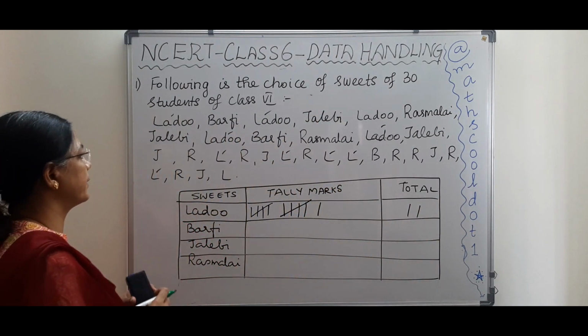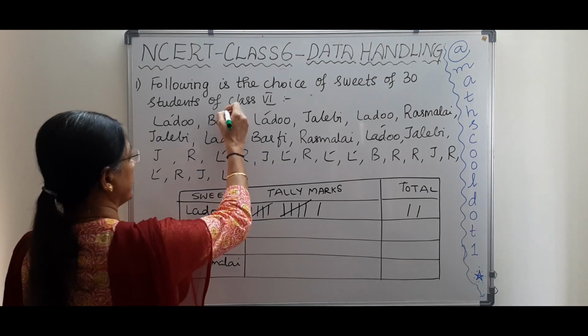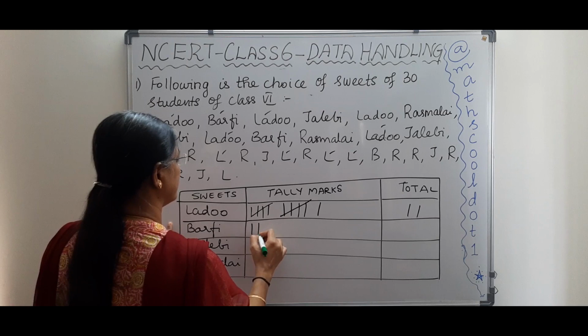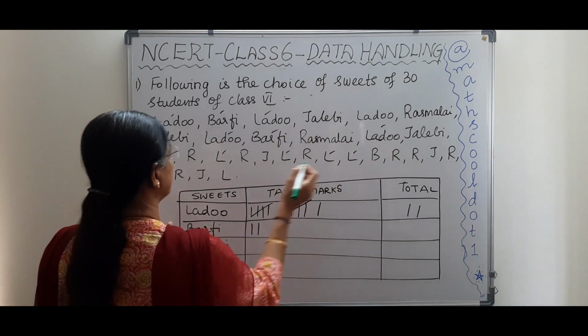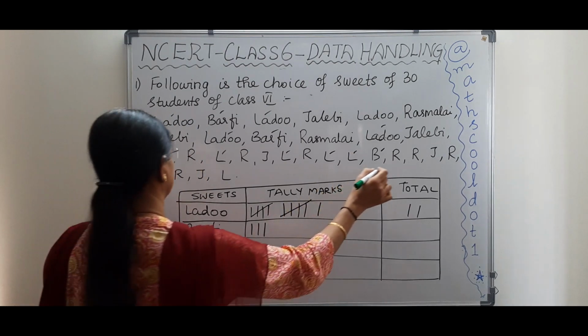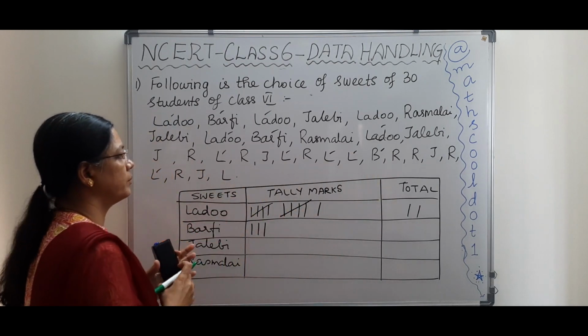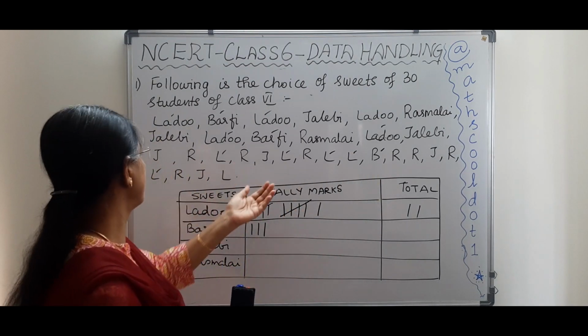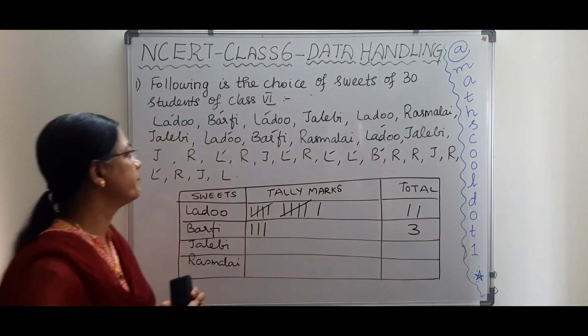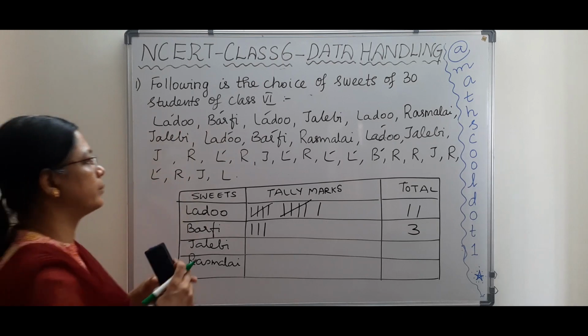Next is barfi, 1, and in the row 2, 3. There are not as many likes as laddu here, so we have just 3 likes. And next is jalebi.